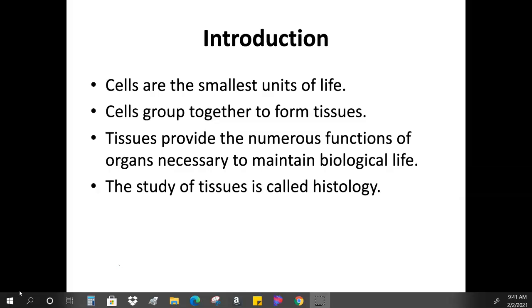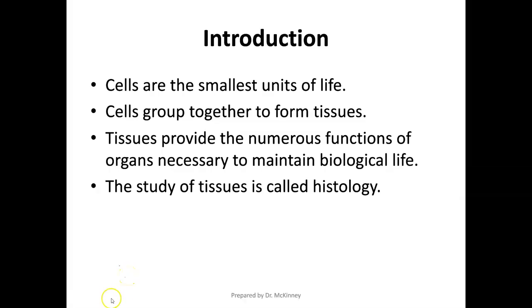When you have cells that group together that are of similar form and function, so that's important that the cells are similar form and function, then they can group together into tissues. So cells of similar form and function can group together to form tissues.